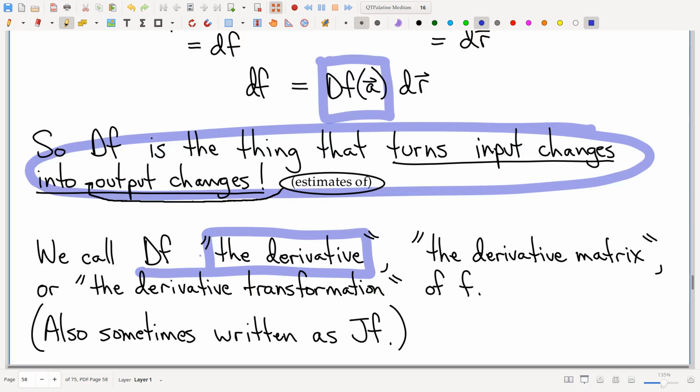Okay, let me rewind a little bit. I'm going to propose that df is a very natural thing. All we assume in order to talk about df is that the function's differentiable. And then this is a relation between input changes and output changes, and it does its job, and so it's the derivative.